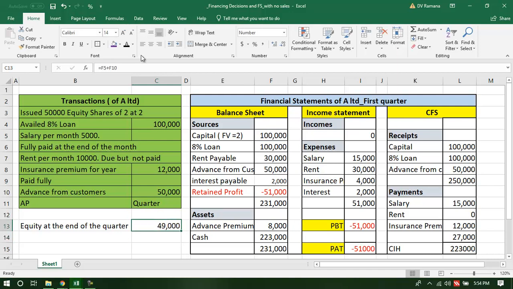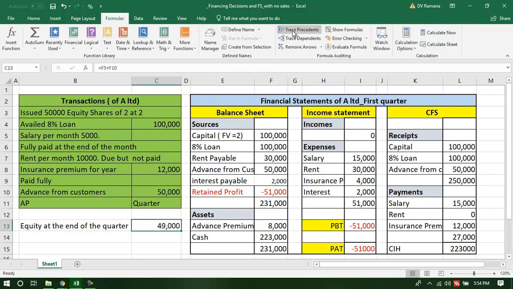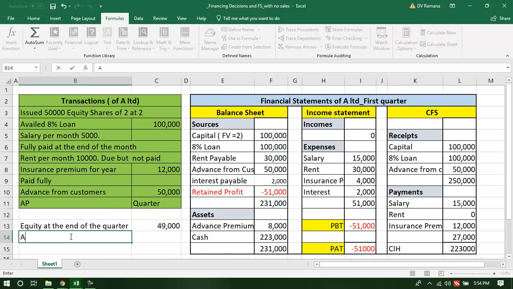So therefore, equity is less than the capital because of the negative profit for the period. And if the negative profit continues, then equity may become negative the moment the negative retained profit becomes more than the capital.